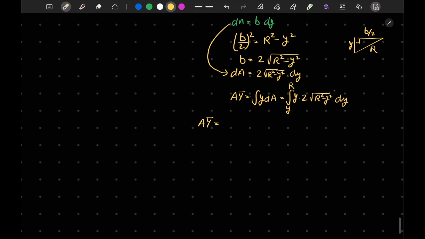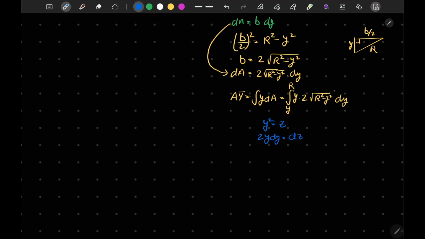If we want to integrate this, let's substitute y² equal to z. So I can write 2y dy is equal to dz.